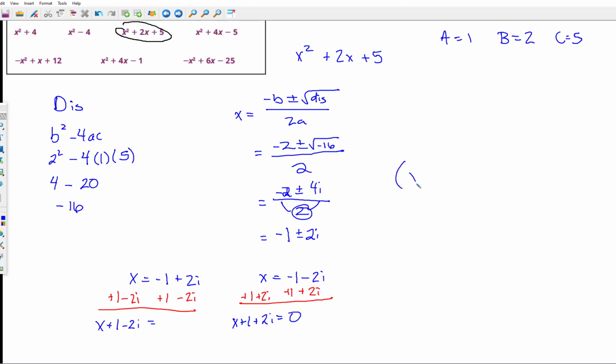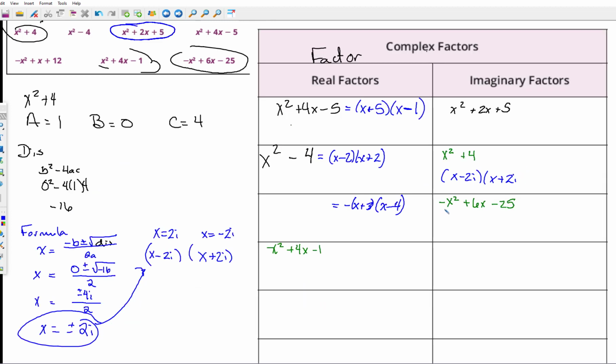And so that makes my factors x plus 1 minus 2i times x plus 1 plus 2i. And so now let's go ahead and go to the next one.